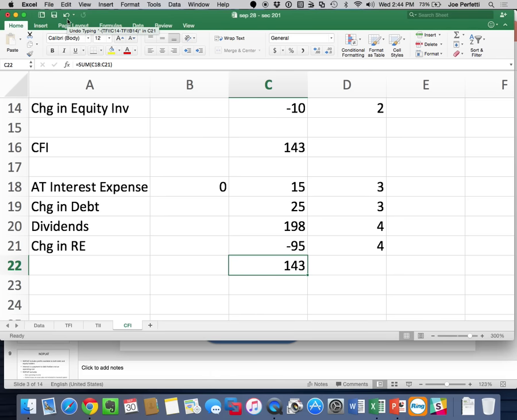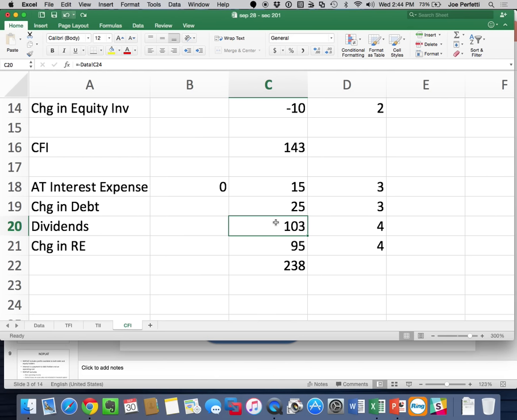What's going on here? What really matters is that I have to put the dividends on there. So I can't replace dividends with net income, because net income is not a cash flow. Dividends are a cash flow. So there's your hint. Hint, hint. Dividends are a cash flow. Net income's not a cash flow.